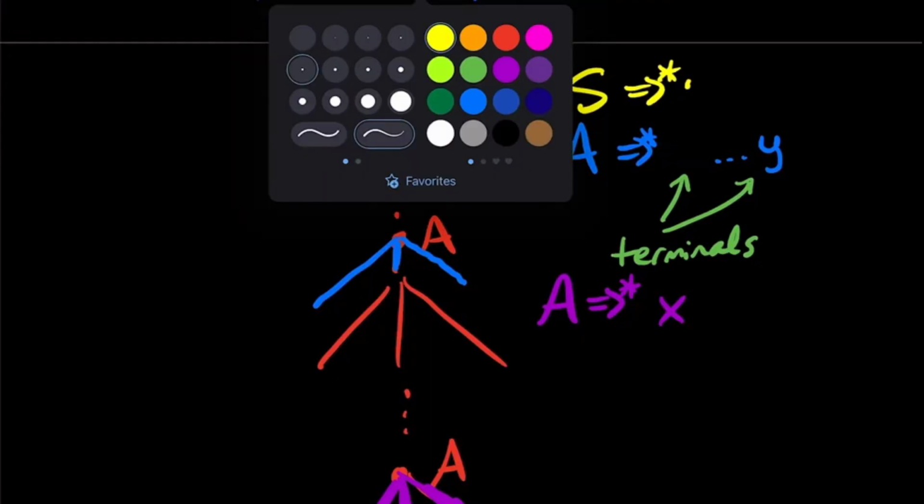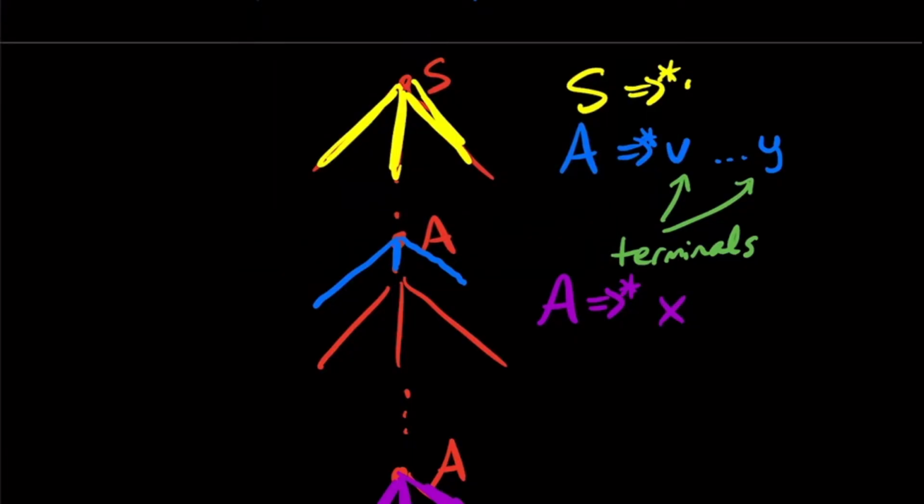Let's give this to be v, and the S one is going to be u, and then something in the middle, z. So if we group these terminals, I'm going to call them initially u, even though I'm going to modify it in a second. So the S thing can make some set of terminals followed by some stuff I'm going to get to, followed by some set of terminals. And same thing for the first A, and the second A is going to be just some set of terminals.